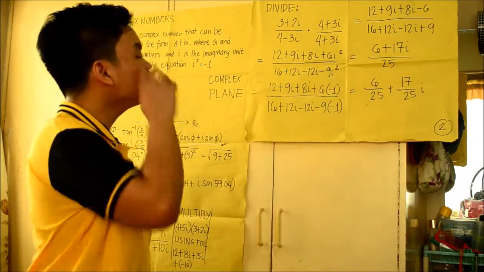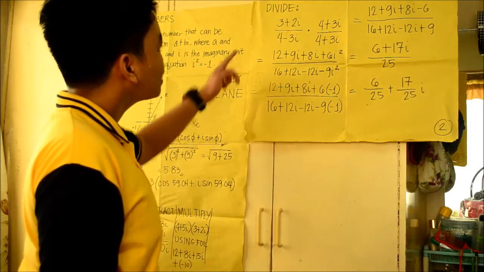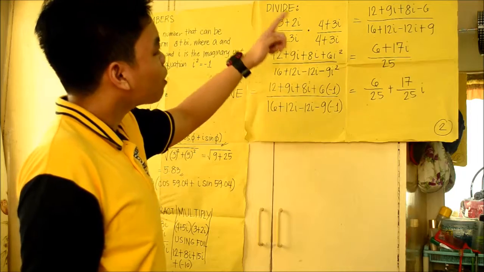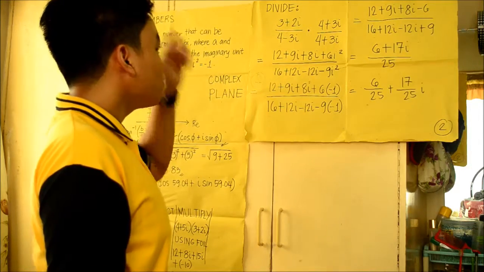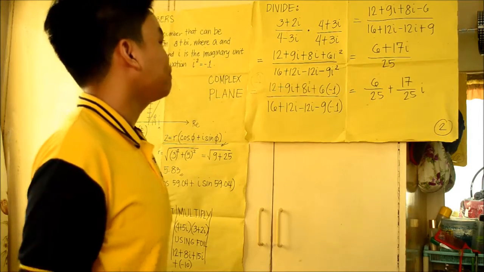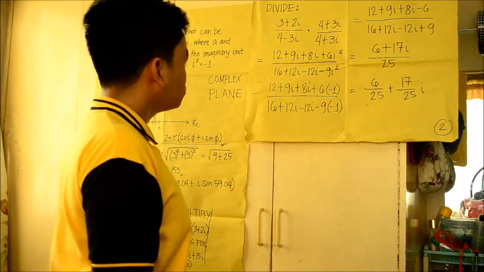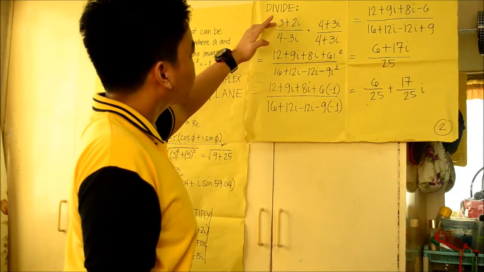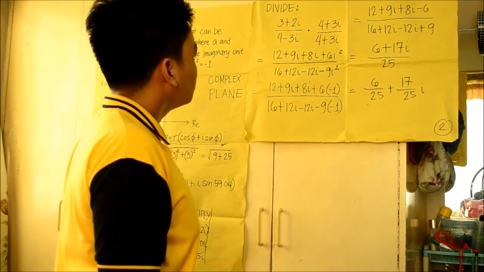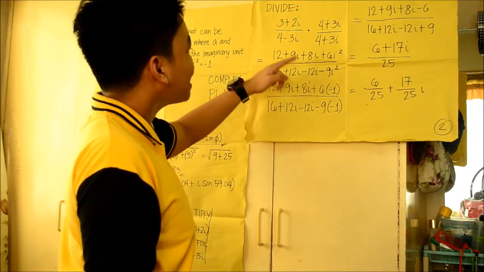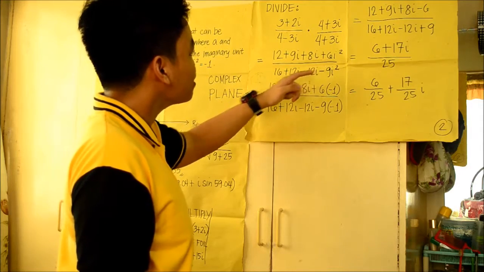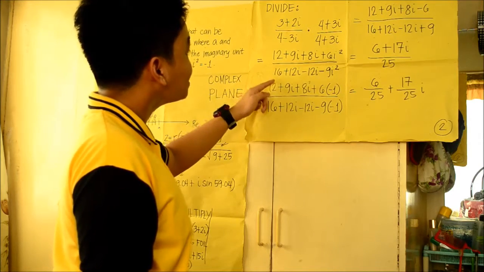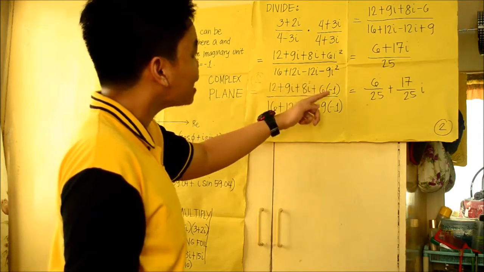Now for division, 3 plus 2i over 4 minus 3i times 4 plus 3i over 4 plus 3i. Then we will be using the FOIL method again for the multiplication. So we have 12 plus 9i plus 8i plus 6i squared, all over, FOIL method again, 16 plus 12i minus 12i minus 9i squared.